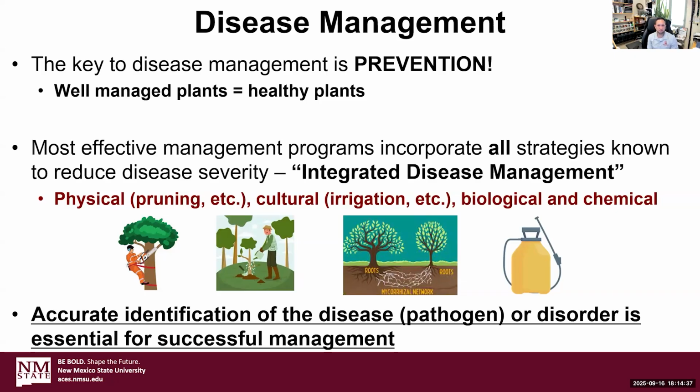And so the most effective management programs incorporate integrated disease management. That includes physical practices, whether it's pruning, cultural practices such as proper irrigation and plant selection, as well as biological amendments, as well as chemical practices.